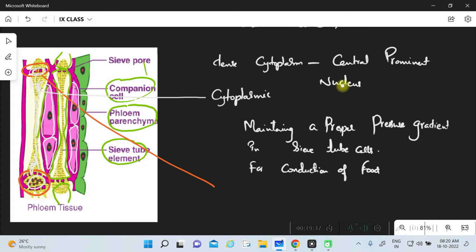So that is, in general, the main function of companion cells. They maintain a proper pressure gradient in the sieve tube cells for conduction of food material.